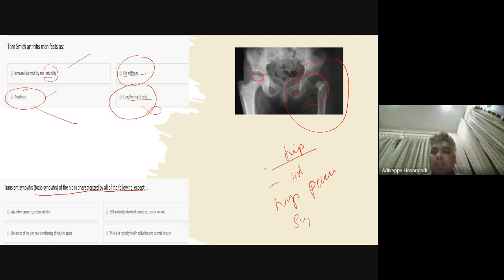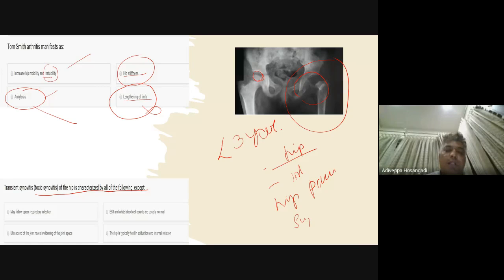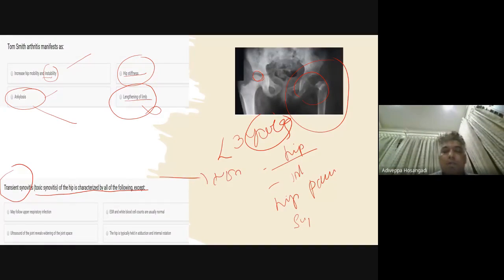The synovitis disappears within 3 weeks. That is the reason why it is called transient synovitis. So it is non-infective. We don't treat them with any antibiotics. Rest and analgesics, and the synovitis disappears.